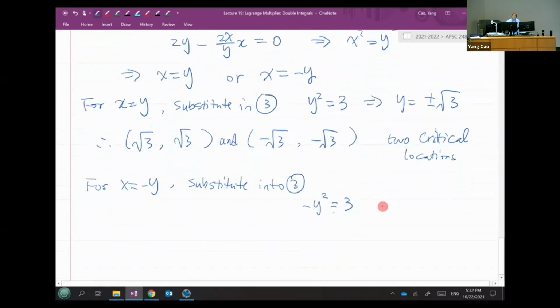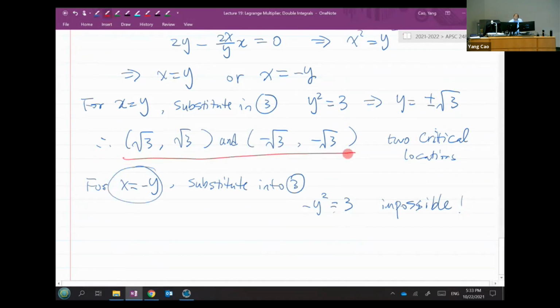It's impossible, because y squared is guaranteed to be a positive number. How could you put a negative sign in front of a positive number and get another positive number? So this is impossible. It basically means we should discard this condition. It doesn't apply in this question. So the only solution we're getting here is these two critical locations.